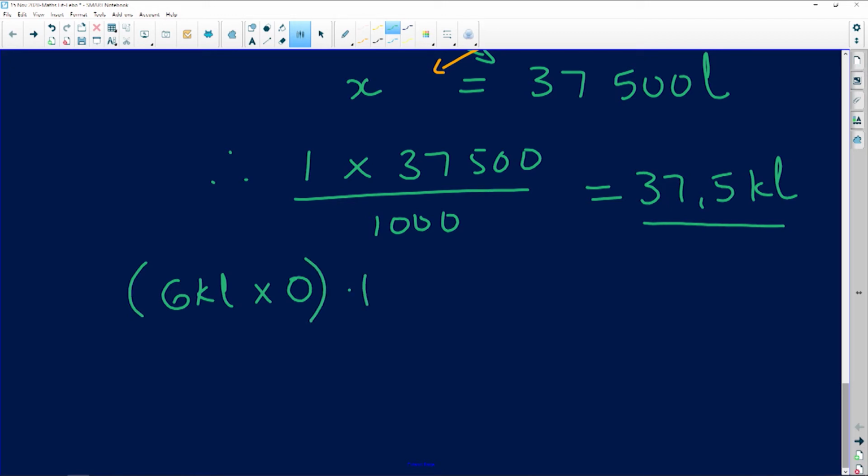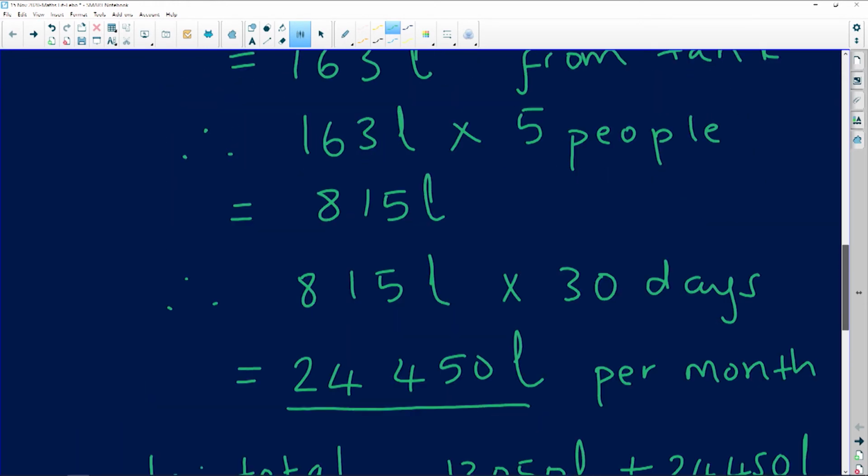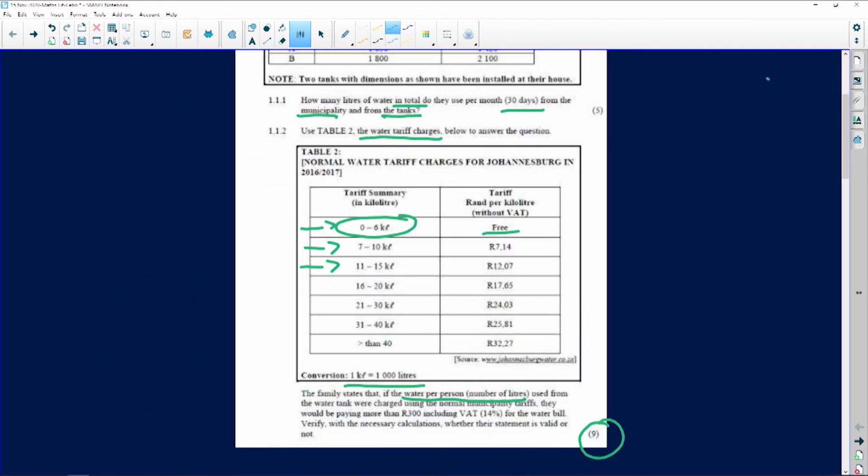Okay? Plus, I go and I see, guys, how many kiloliters are accommodated in the next bracket. So I can see that in the next bracket, this is the bracket over here, I say 10 minus 7, that gives me 3. It means that 3 kiloliters are accommodated in that bracket.